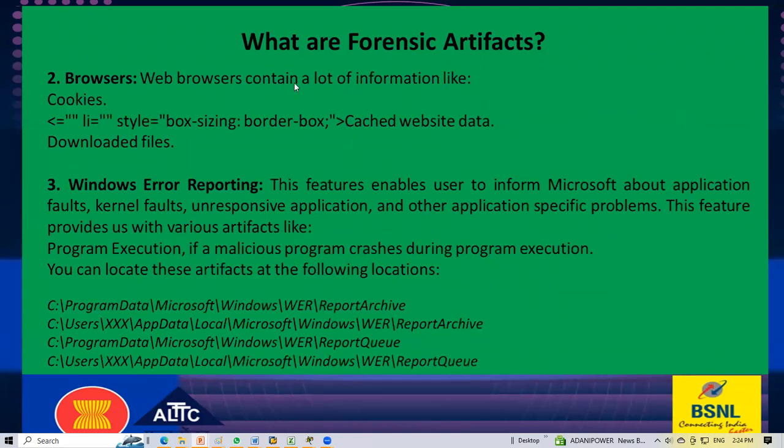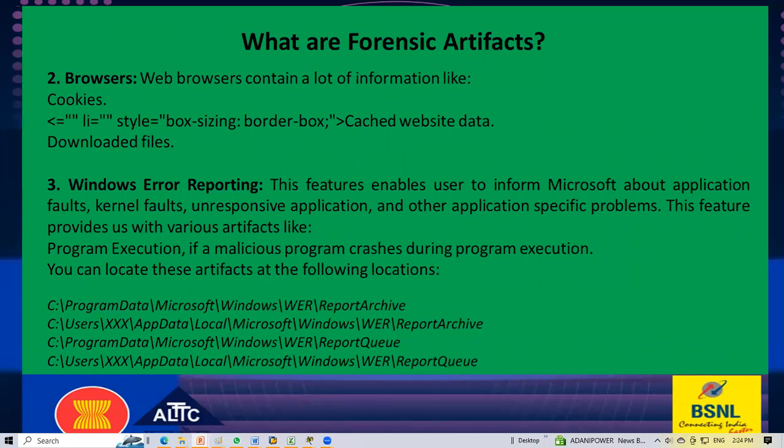A web browser contains a lot of information, like cookies, websites visited, and downloaded files. And Windows error reporting: this feature enables users to inform Microsoft about application faults, kernel faults, unresponsive applications, and other application-specific problems.